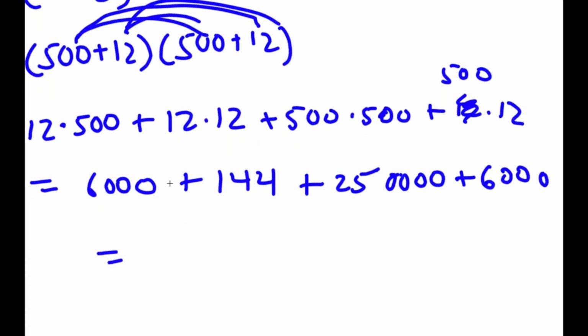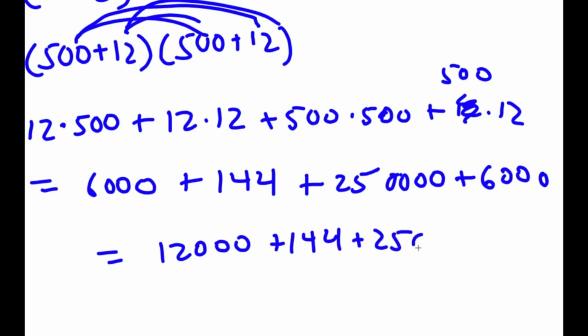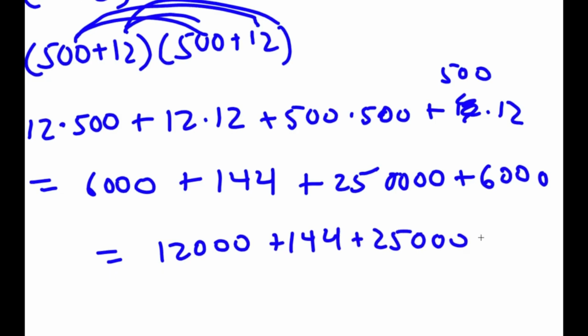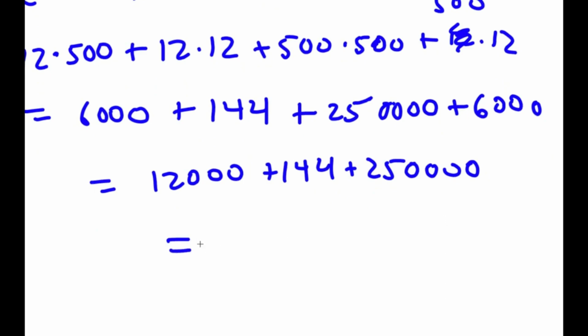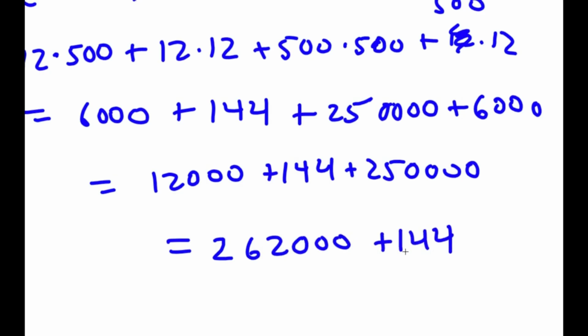Now we're going to add these up. 6,000 plus 6,000 is 12,000. Plus 144 plus 25 with 4 zeros, which is 250,000. Now 12,000 plus 250,000 is 262,000 plus 144.